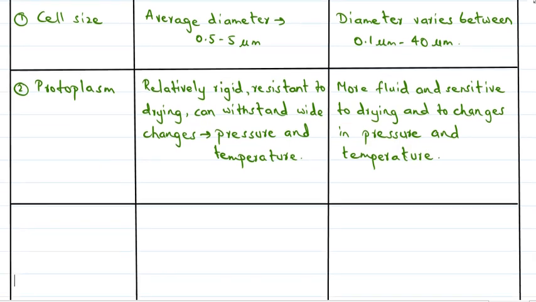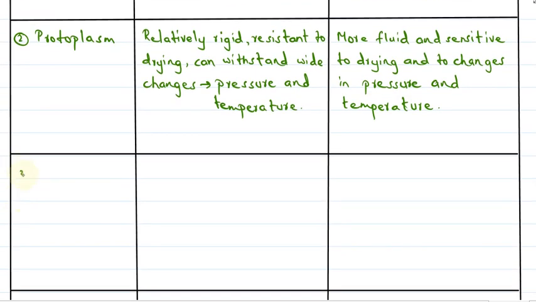So next feature or characteristic of differentiation would be the nucleus. So in prokaryotic cell, the prokaryotic cells lack true nucleus, okay.